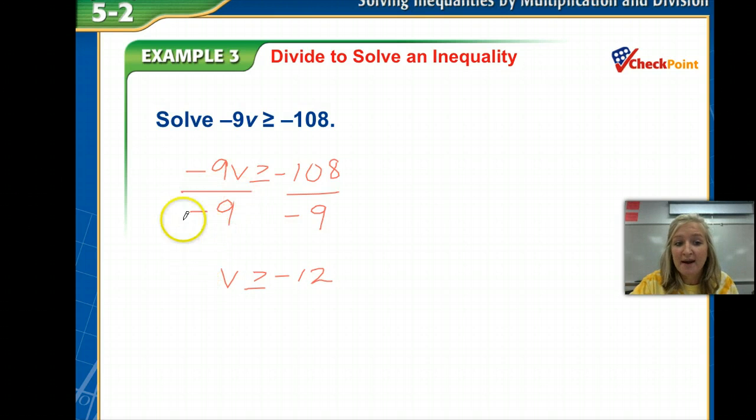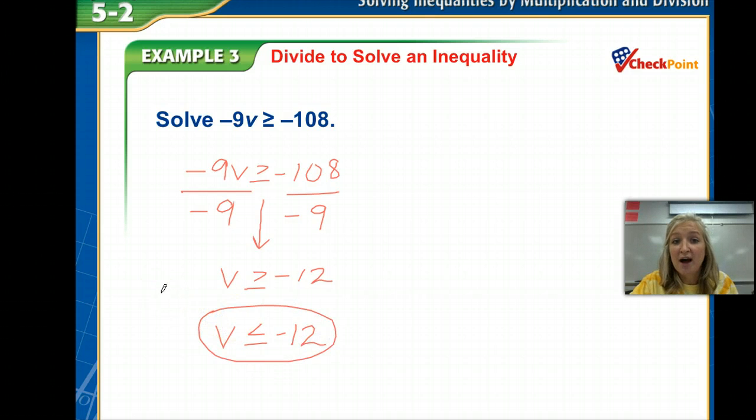I divided by a negative, but I did not flip the sign. The correct answer is v is less than or equal to negative 12. Hopefully you caught that in your problem as you tried it previously. The answer is v is less than or equal to negative 12.